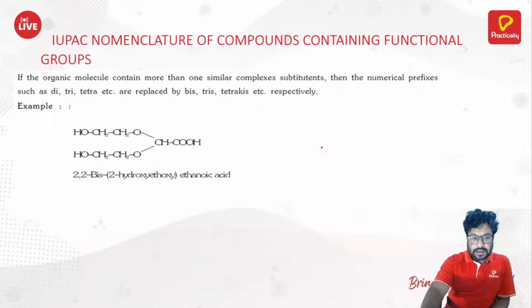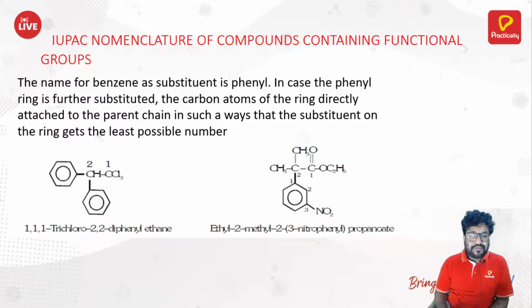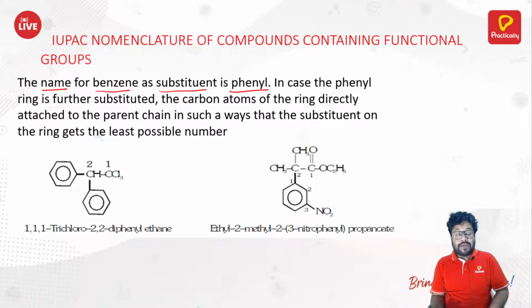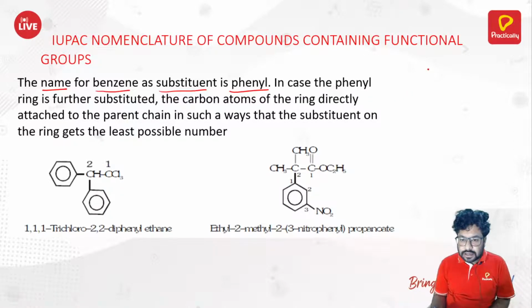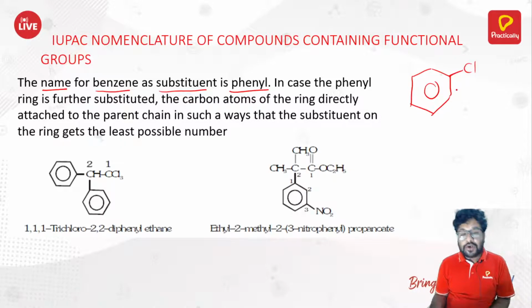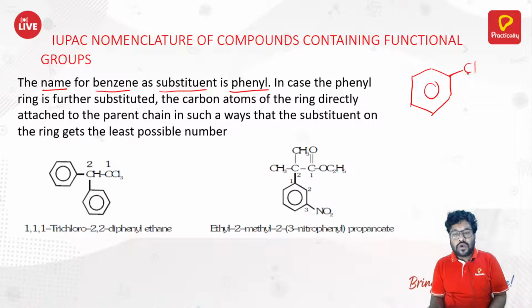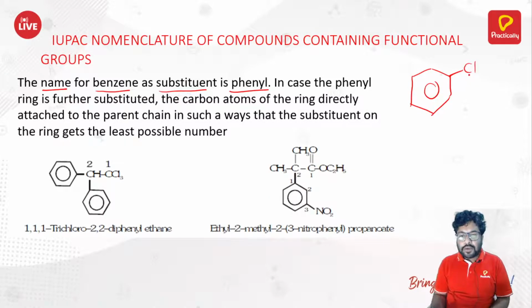Now the name for benzene as a substituent is phenyl. See, this is the compound, and suppose I attach a chlorine here, then we call it chlorobenzene. A bromine gives bromobenzene, a nitro group gives nitrobenzene.